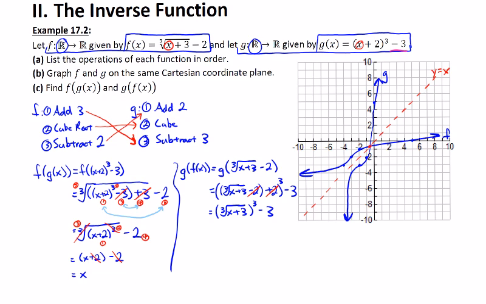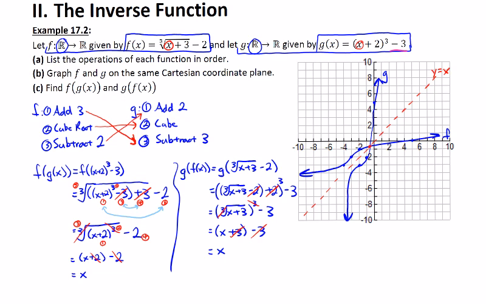And again, there is a single pair of operations that will cancel here. That is the cube root and the cube, which leaves us with x plus 3 minus 3, and we can get the plus 3 and minus 3 to cancel, finally leaving us with x.